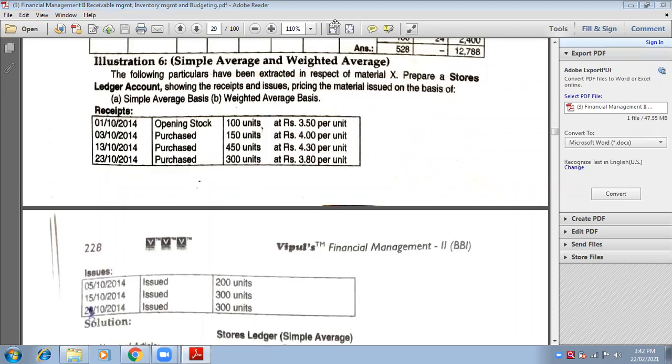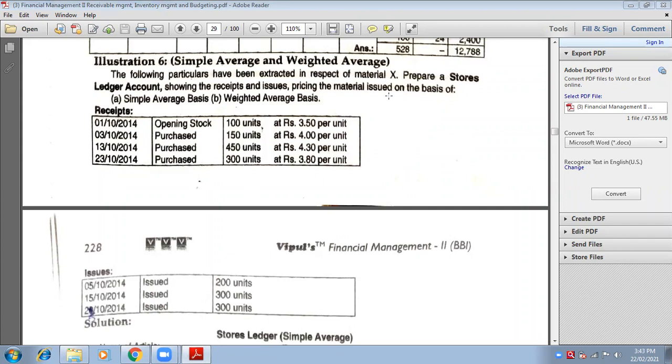ओके, कॉलम्स बनाएंगे. How columns are to be made? Can somebody tell me how columns are to be made? Ma'am, 4 columns. Very good. Date column. And then we have receipt, issued, and balance. But under receipt, issue, and balance, again there would be 3 partitions.